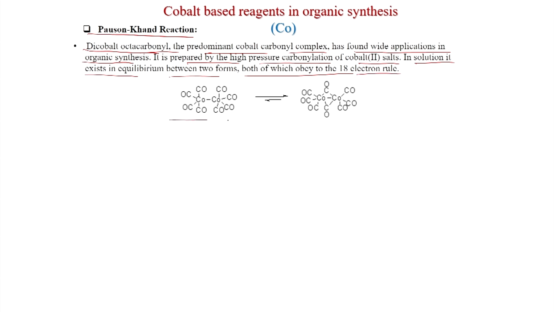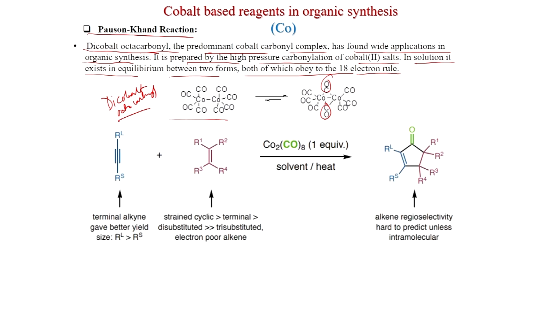So, this is dicobalt octacarbonyl, and this can stay like this. So, here all are connected to cobalt, two carbon monoxide are bridging, and this is the Pauson-Khand reaction.